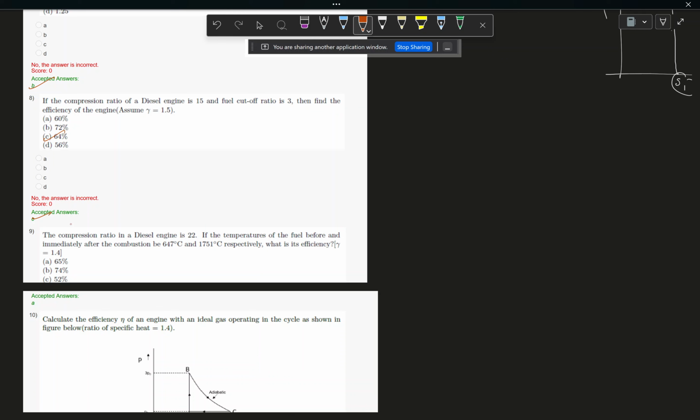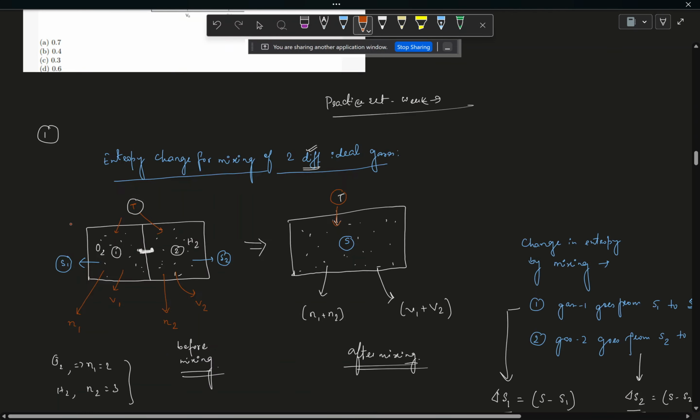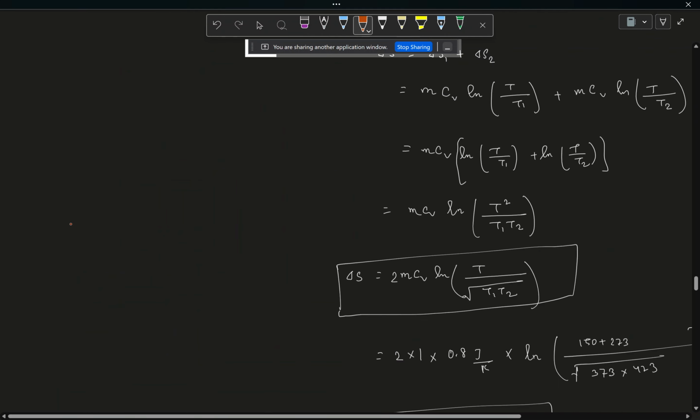So you also need the temperatures before and after combustion. From there you have to calculate the fuel cutoff ratio, because it is not directly mentioned in the question, and then using the same efficiency formula you can calculate the efficiency.